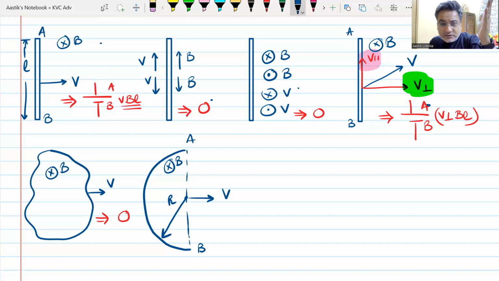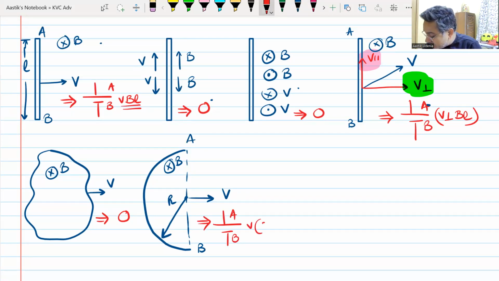Whatever EMF is induced in the left part, the same EMF will be induced in the right part. The EMF induced in the right part AB will be equal to V cross B. So I can write this in this fashion. A will be positive, B would be negative, and the induced EMF will be V into 2R into B. Do we understand what I have done here?